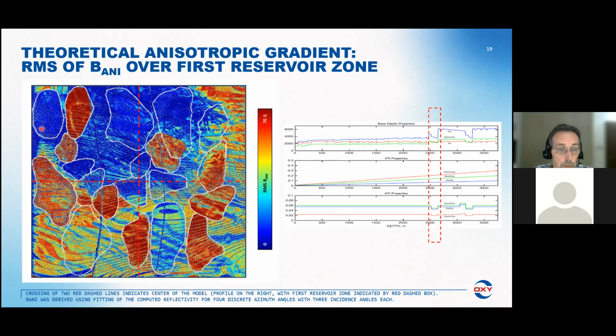But it is true that sometimes some bodies don't have a significant BANI signature. Remember that here is the thickest part for the shale bodies, up to 100 meters, and it does have a large BANI. But it seems that even this body we don't see in the BANI.